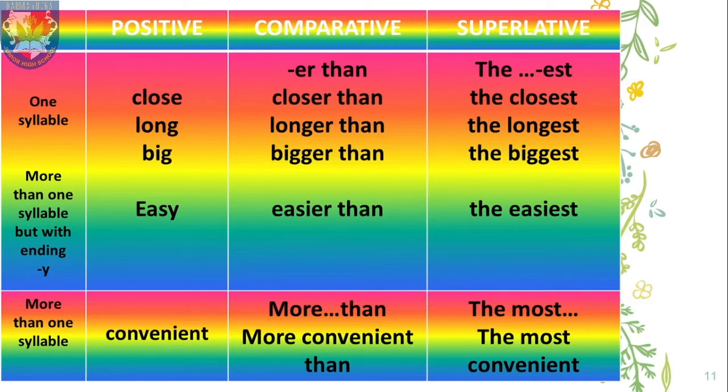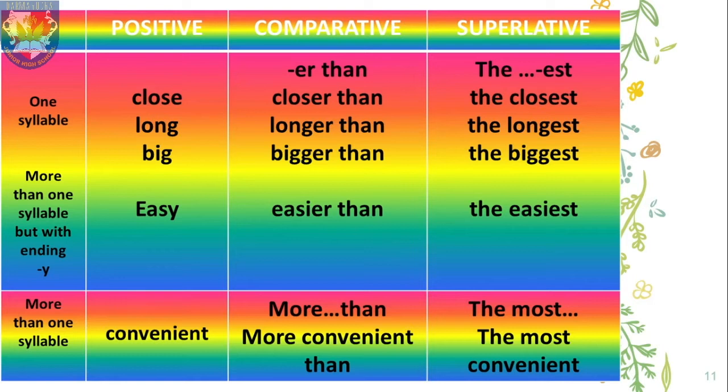For example, closer than, longer than, and bigger than. For the superlative form, we just need to put the and after that followed by the adjective plus est. As the examples, the closest, the longest, and also the biggest.